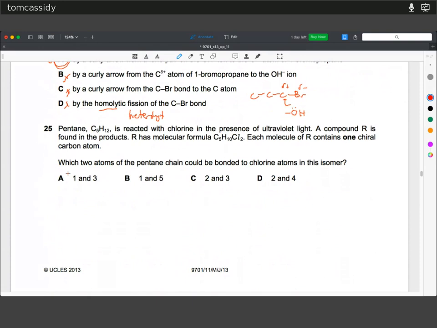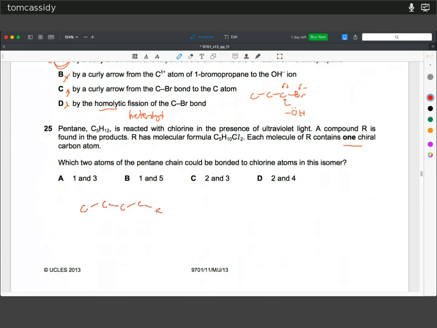All right, so we've got pentane reacting in ultraviolet light with chlorine, and we're going to get various different compounds formed. We've got one chiral carbon atom. We remember that a chiral carbon atom means there are 4 different atoms or groups attached to a central carbon atom, and we're just looking for one of these. If you look, we've got 5 carbons.